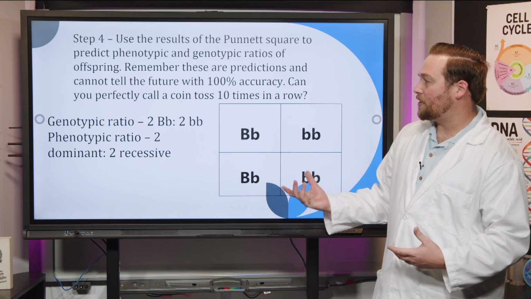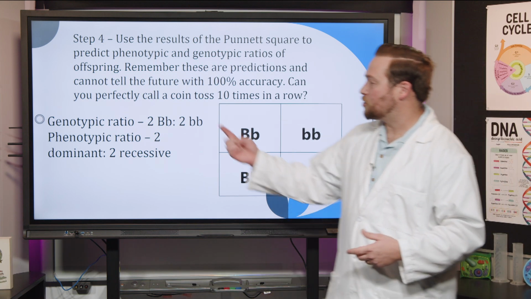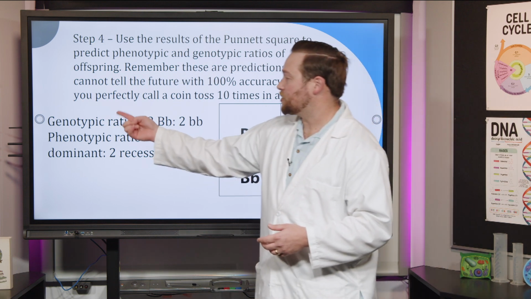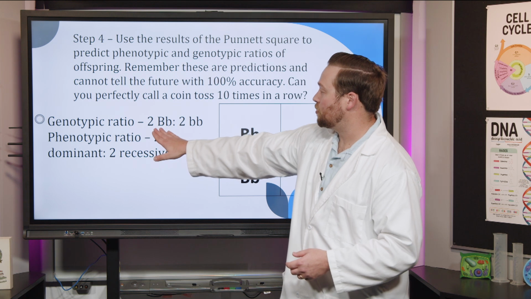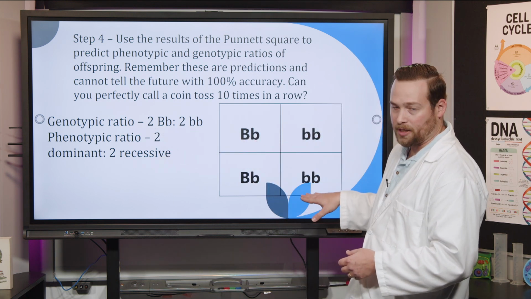Okay, so let's talk about the genotypic ratio versus the phenotypic ratio. Remember that genotypic is talking about the actual alleles. So when I ask for the genotypic ratio, you need to show me the letters. So we have 2 that are big B, little b, and we have 2 that are little b, little b.